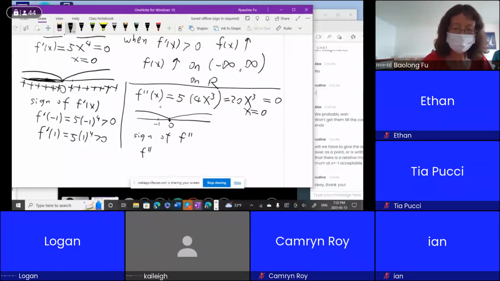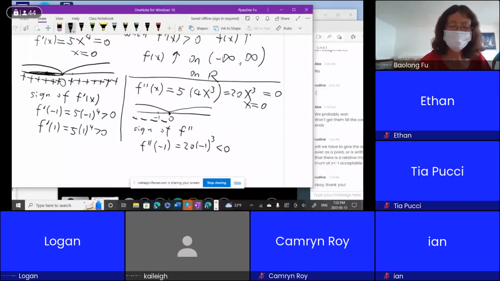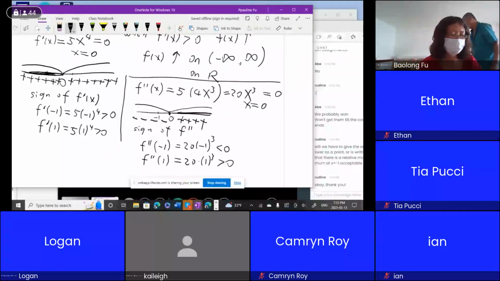What is the second derivative at -1? It is equal to 20 times (-1) cubed. It is smaller than 0, so it is negative here. Then take any number on this interval, let's say take number 1. The second derivative equals 20 times 1. This is positive here.